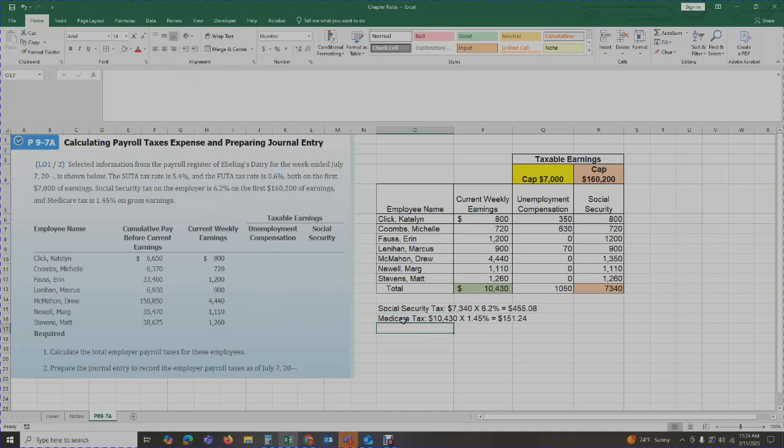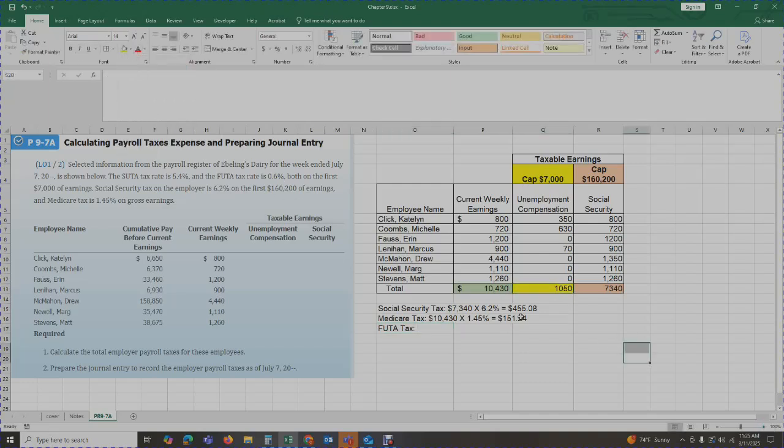Remember, Social Security and Medicare are your FICA taxes, and the FICA taxes are paid by both the employee and the employer. Now we're going to go to the FUTA tax. For the FUTA tax, we're going to be looking at the unemployment compensation column.